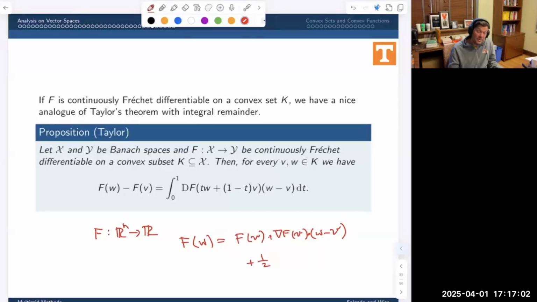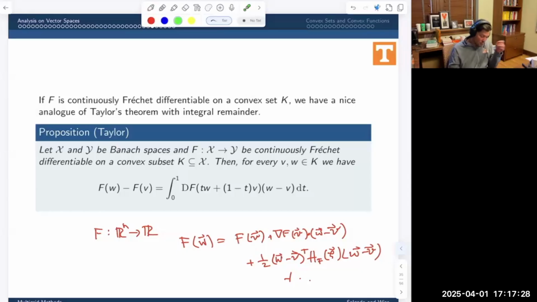What is the expression? It's going to be v minus w. So these are vectors now, right? Transpose times the Hessian matrix of f, evaluated at some weird squiggle point, w minus v, right? So we have to modify this as f gets more complicated.